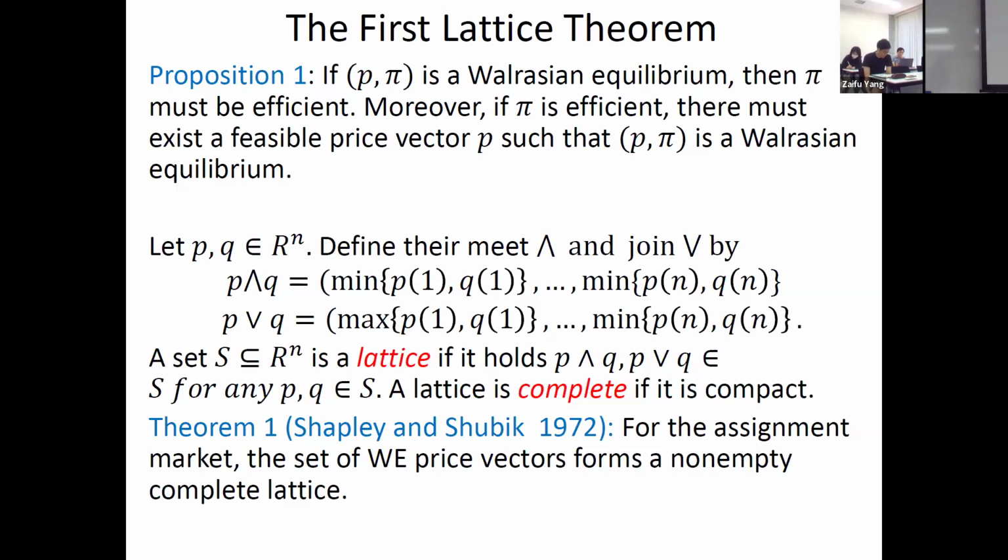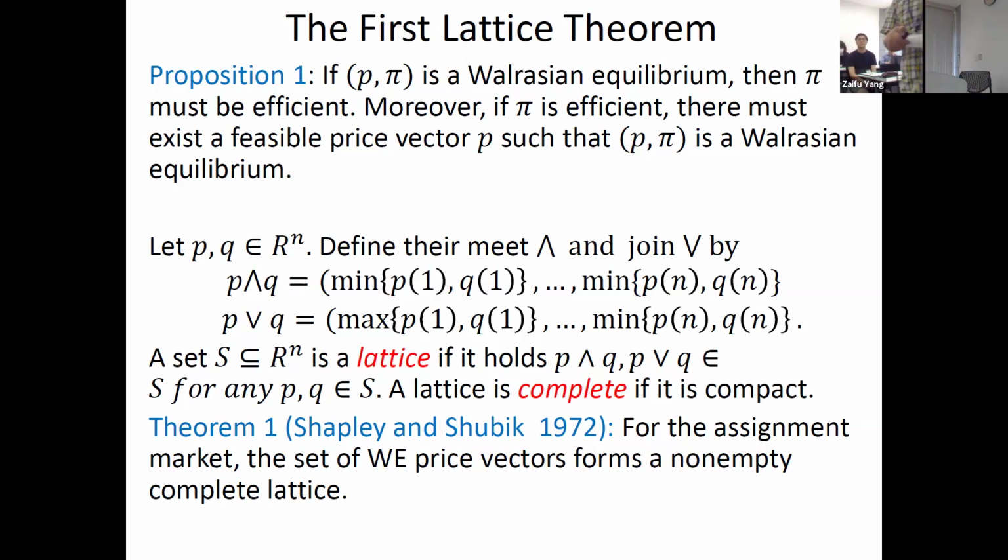Now we introduce the lattice result. You have a meet and a join. The meet means you take the component-wise minimum of every component of the two vectors p and q, and then the join takes the component-wise maximum. Oh, sorry, this is a mistake. This is max.